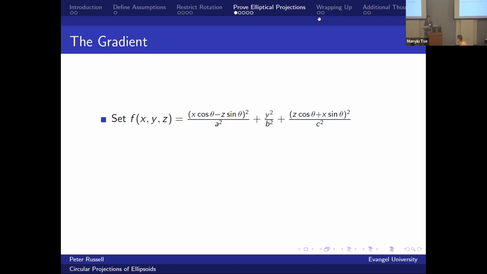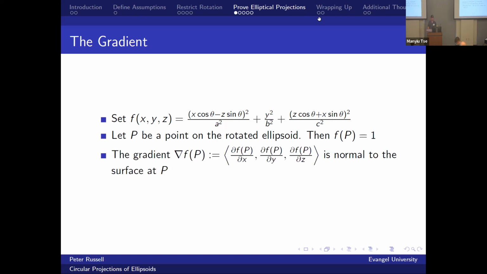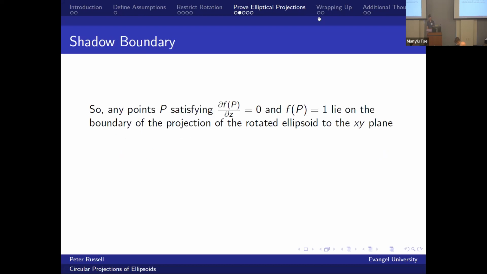So we're just going to find the gradient of this shape and set the z component of the normal vector equal to 0. So all the points that we're looking at are going to satisfy that the z component of the gradient is equal to 0, and the function of that point is equal to 1.